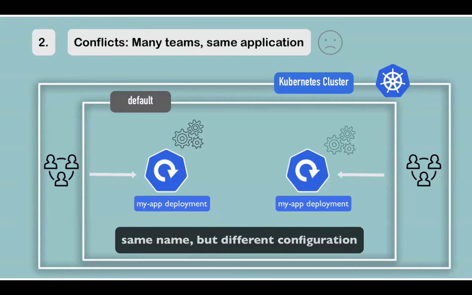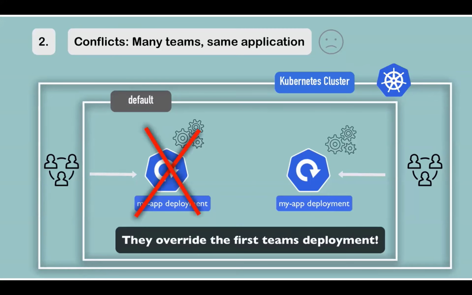So it's better to create another namespace if you are going to have the same application name. Sometimes what happens is one application will override the other one, so the data of the other one will be lost. The second team overrides the deployment and the data will be lost for the first team.